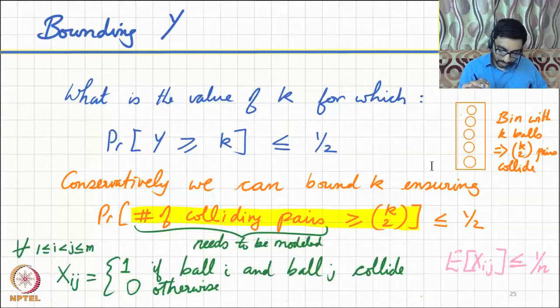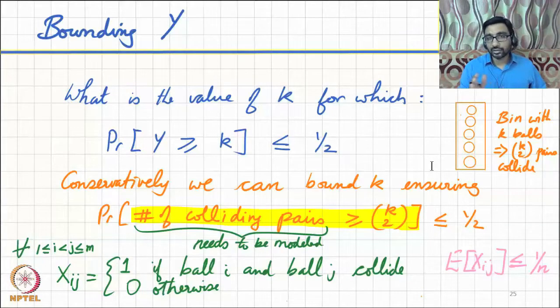But this number of colliding pairs needs to be modeled a bit carefully. For that, we're going to use an indicator random variable, xij, and xij is going to take the value 1 whenever ball i and ball j land in the same bin. Otherwise, it's going to take on the value 0. So xij is a very natural choice to model colliding balls.